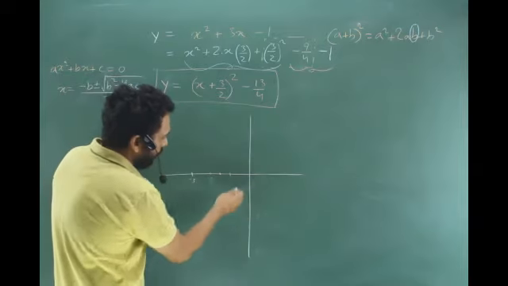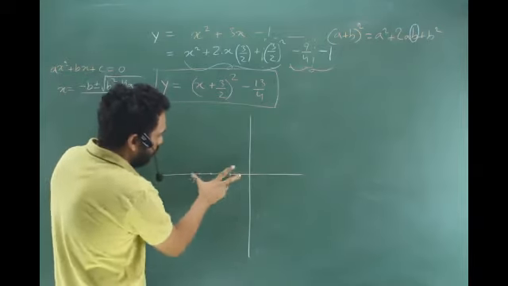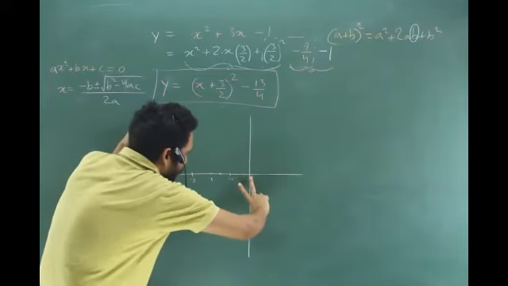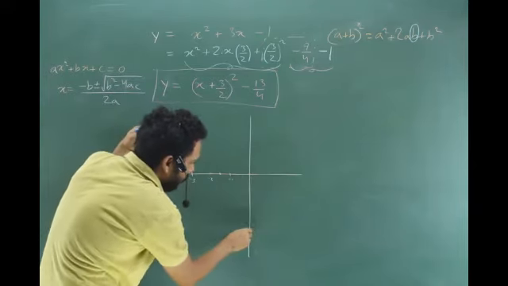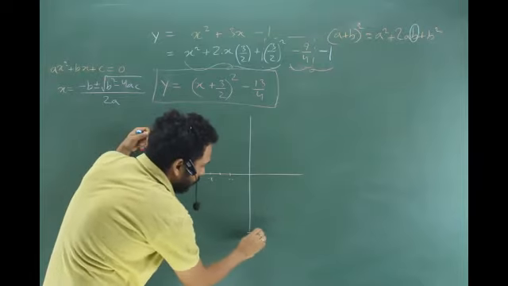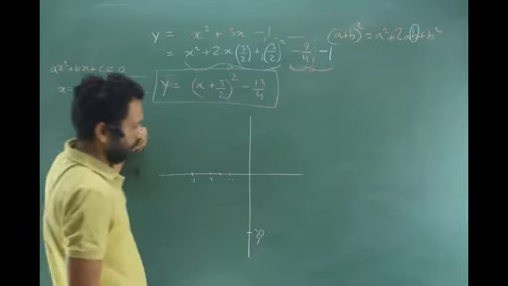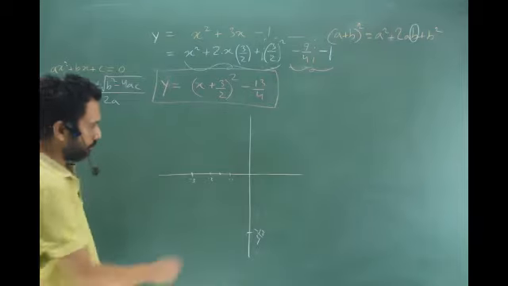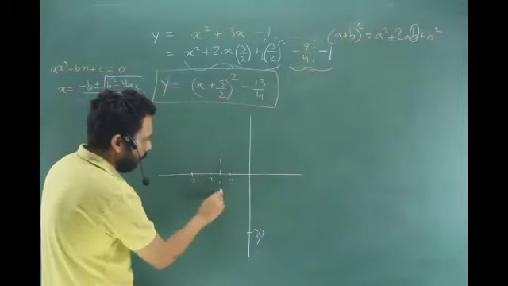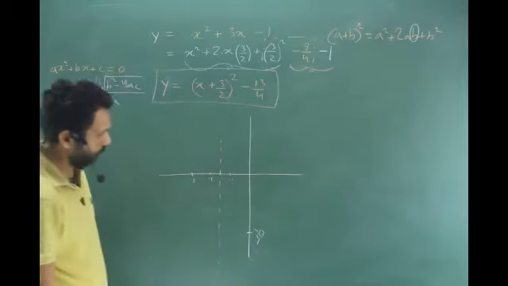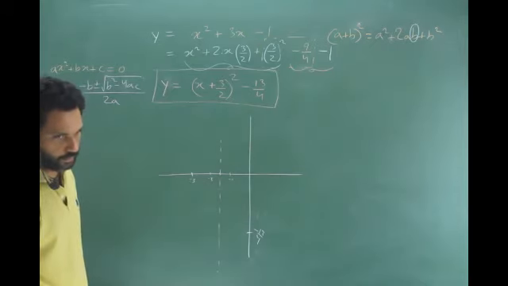So how much will that be? If this is my 1, that's my 2, that's my 3. So my 3 is roughly so much, and it will be somewhere over here, right? Get the point? This is my line of symmetry, right? Is that clear?